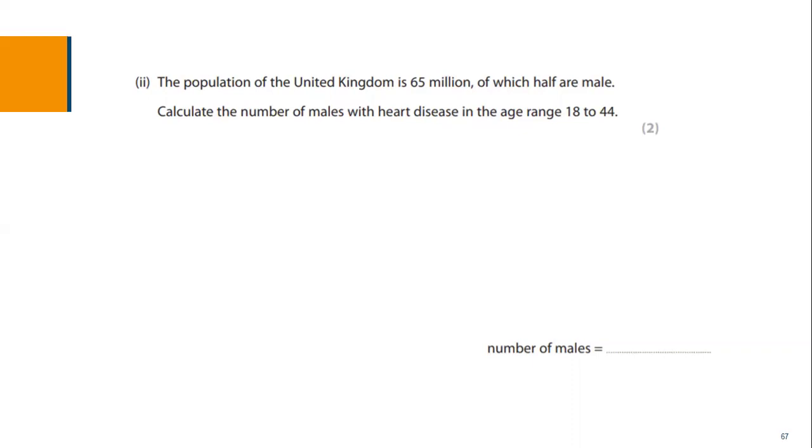So you use the data from the table plus the 65 million, half of which are male, and it asks you to calculate the number of males. So it's maths, it's linked back to data that they've already been given, a table that they've already been given, and will just be a part of the question.